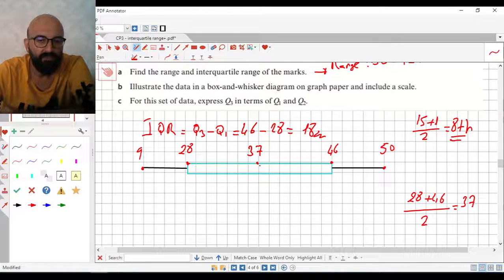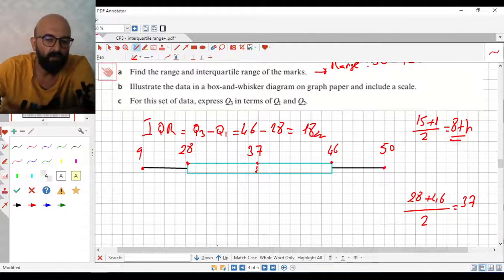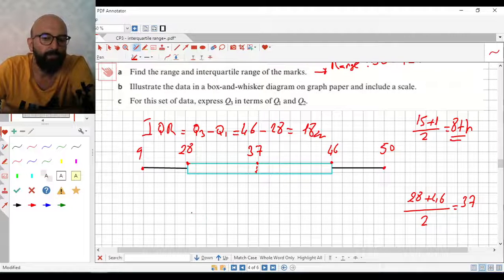So 37, or Q2, is exactly the middle of Q1 and Q3. So our curve should be a symmetrical curve.